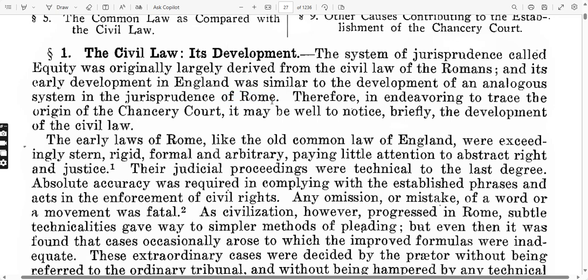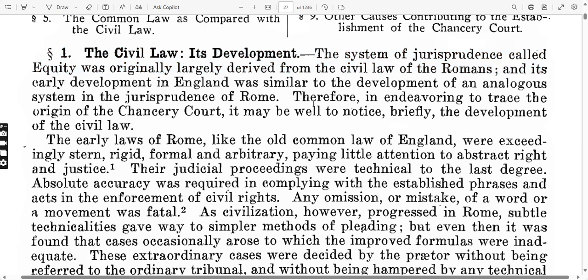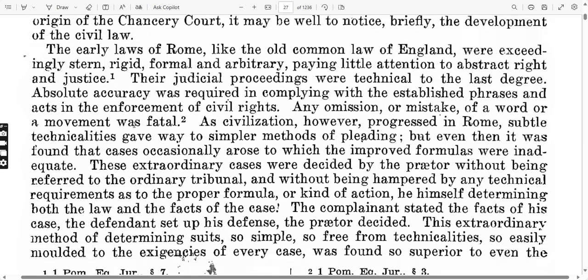So they say Rome fell, but obviously their civil law kept going. Therefore, in endeavoring to trace the origin of the Chancery Court, it may be well to notice briefly the development of the civil law.